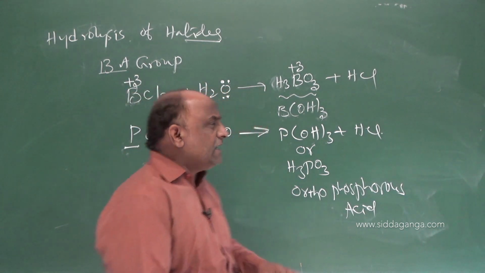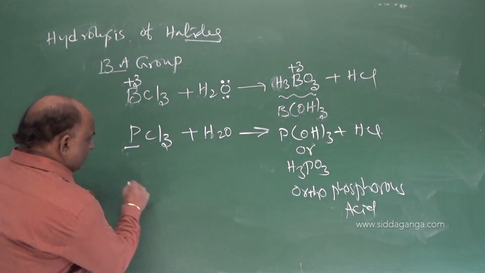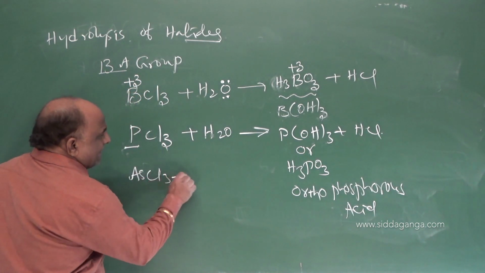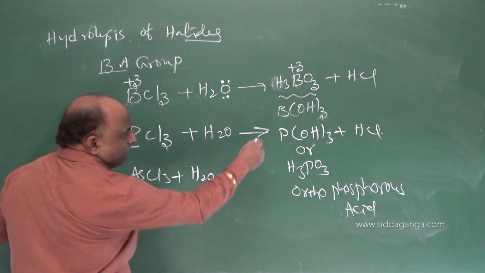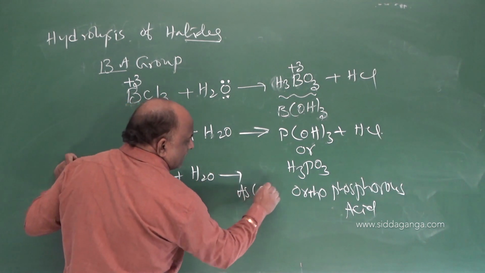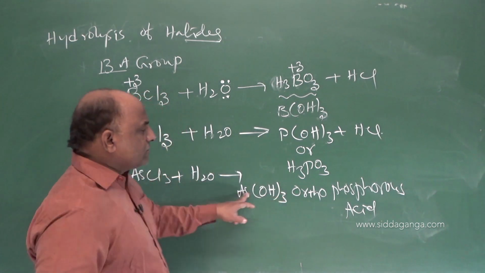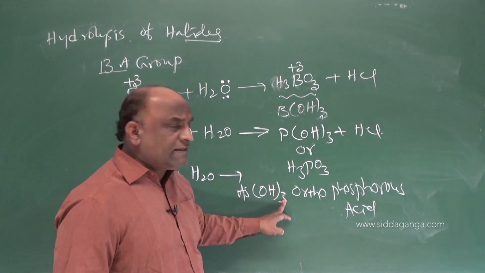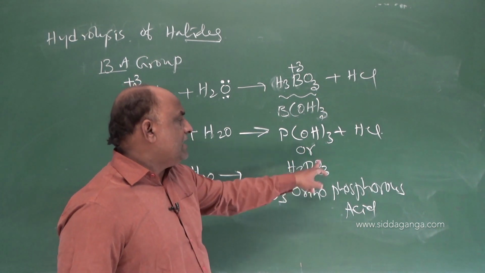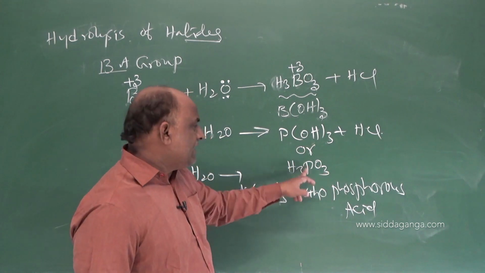General trihalides. Suppose you consider AsCl3. AsCl3 plus H2O gives rise to what compound? As(OH) taken thrice. What is As(OH)3? It can be written as H3AsO3.